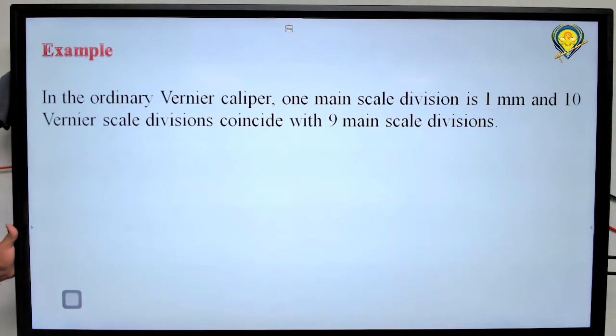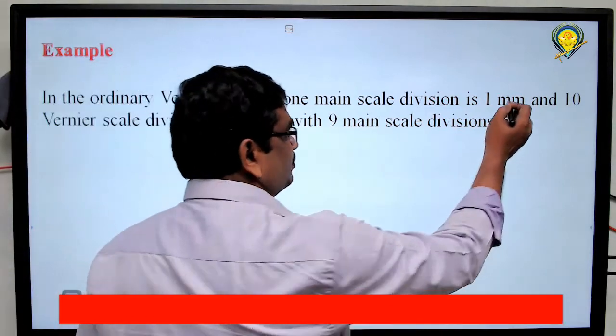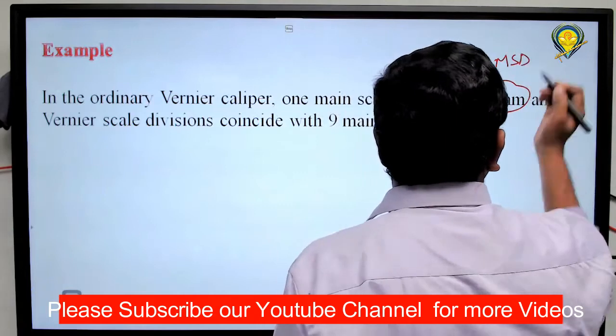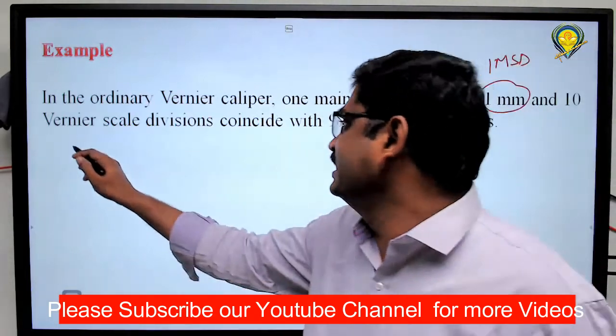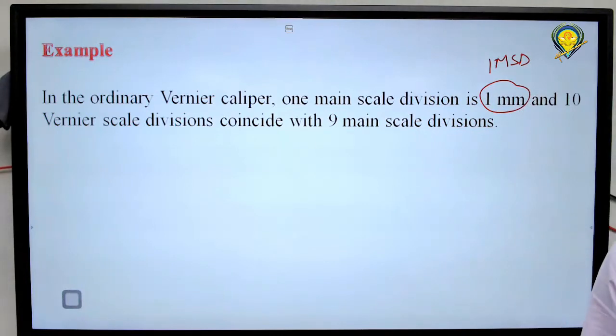So in the ordinary vernier calipers, one main scale division is 1 mm. That means this is nothing but one main scale division. And 10 vernier scale divisions coincide with the 9 main scale divisions.